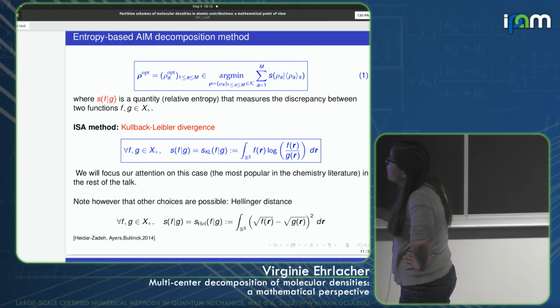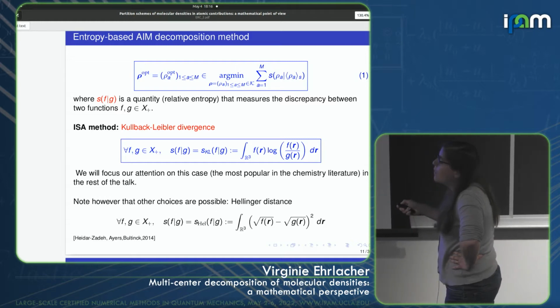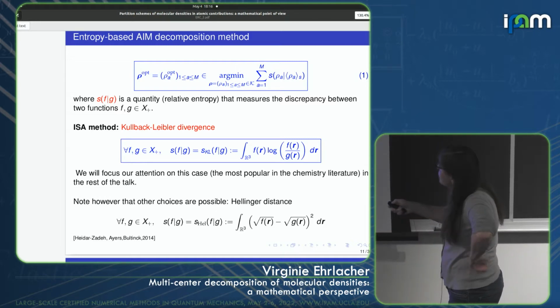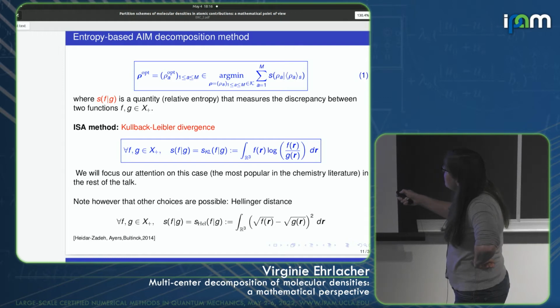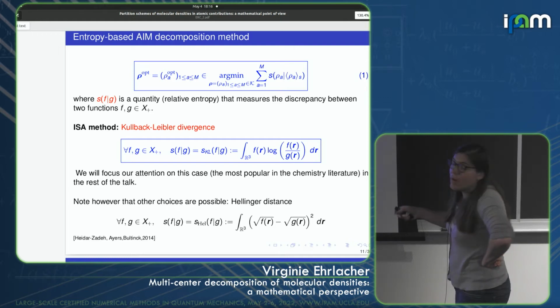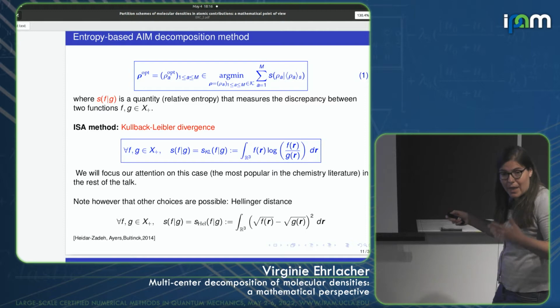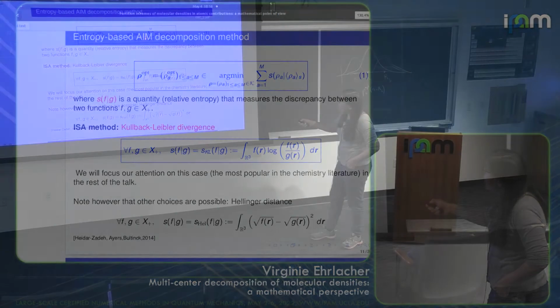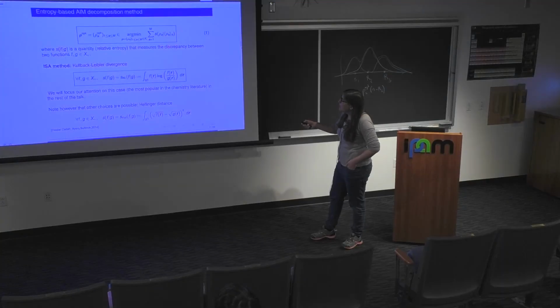You look for a bold rho opt, which will be the family of all local atomic densities, as a minimum over all possible admissible AIM decompositions of some functional, which is written as the sum over A equal 1 to M, so the sum over all atoms within the molecule, of some quantity which I denote by S of rho A with respect to its spherical average.